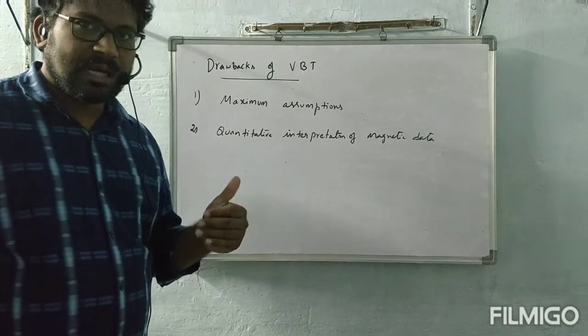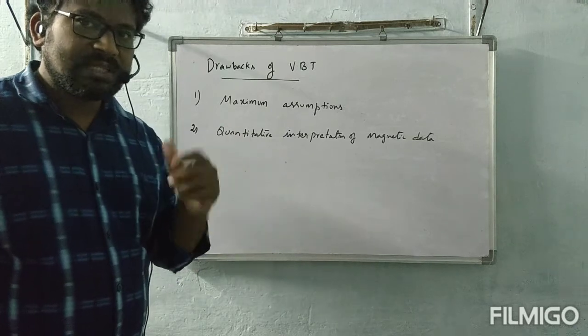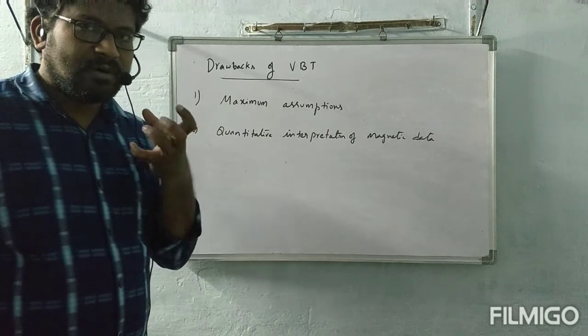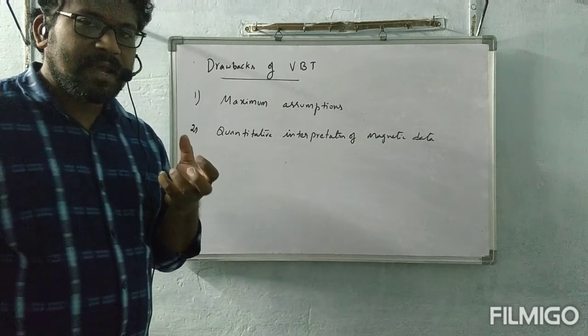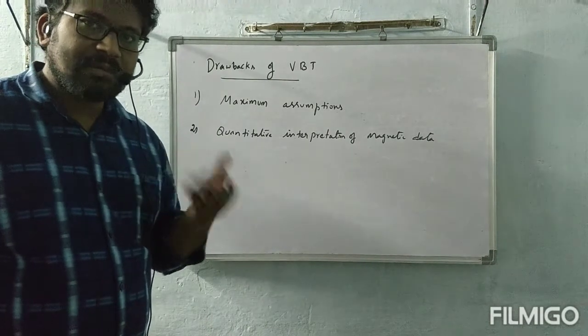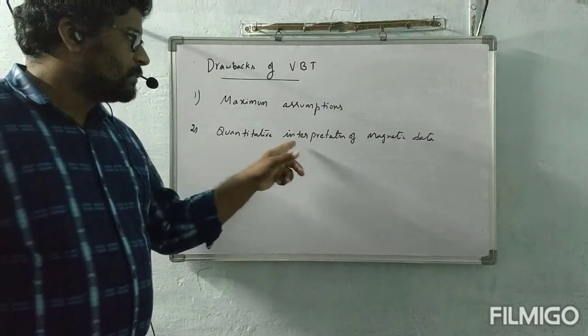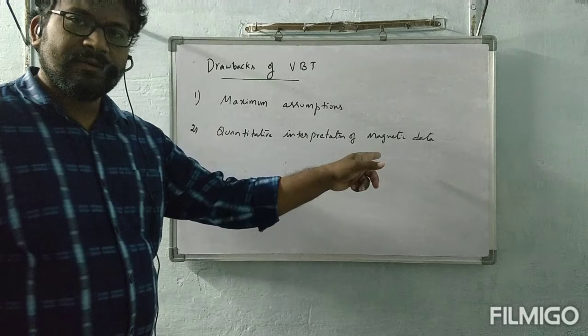That clarification was not given. Quantitative means what is the quantity? Why are electrons not pairing with inner electrons in some complexes?